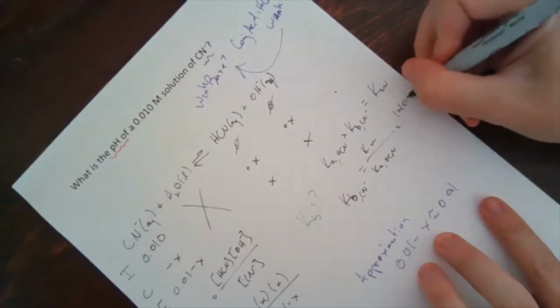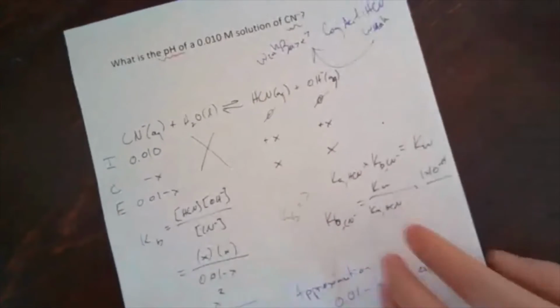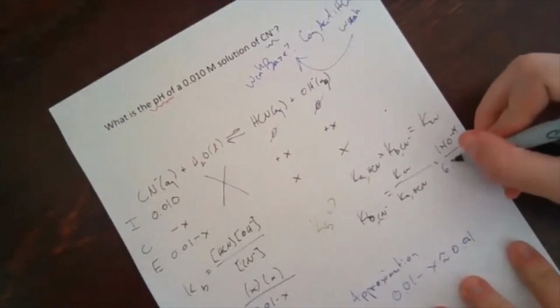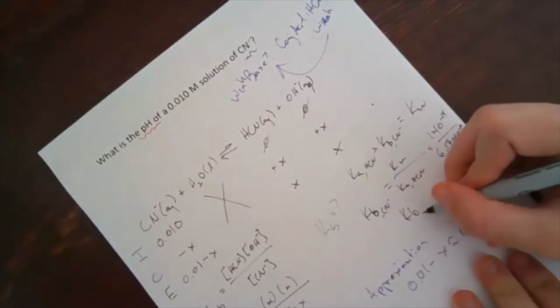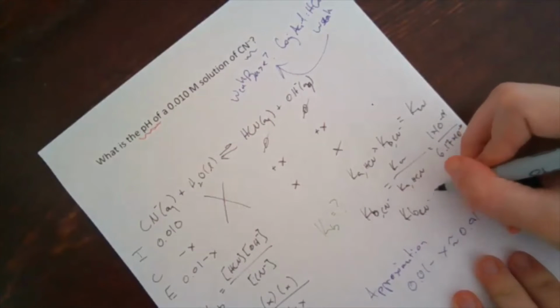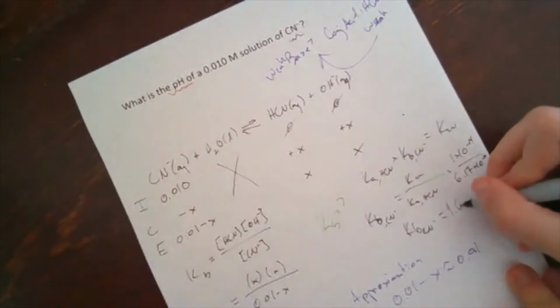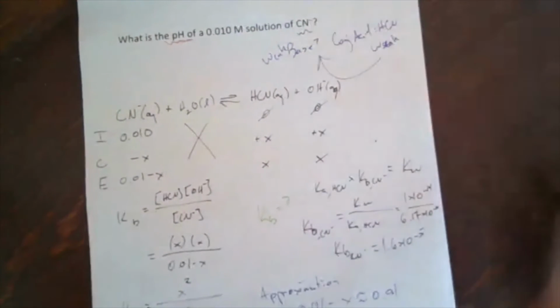So 1 times 10 to the negative 14th over the Ka of HCN, which I can look up, 6.17 times 10 to the negative 10. So we can always look up Kas. And I get that the Kb of CN minus is equal to 1.6 times 10 to the negative 5th. So that works. We got the Kb.